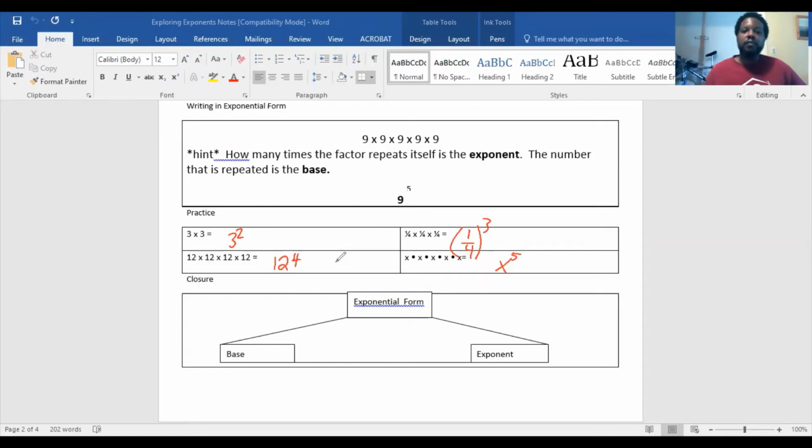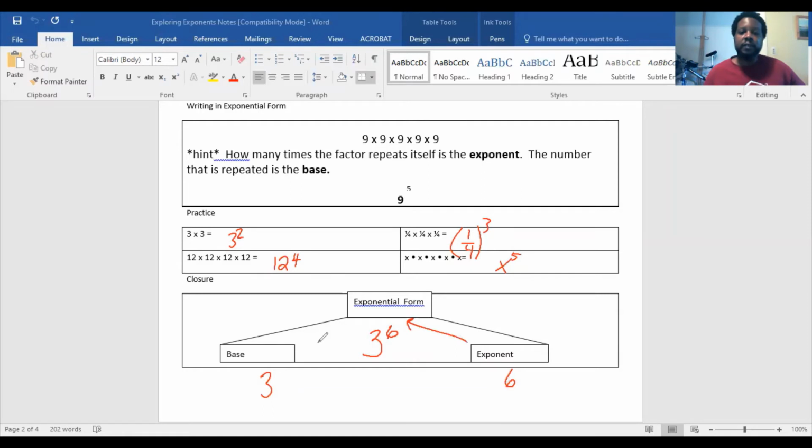All right, so again, just to review exponential form, your exponential form is something that looks like this when we have, for instance, the number 3 being raised to the exponent of 6. So again, the base is the number 3, the exponent is the 6, right?